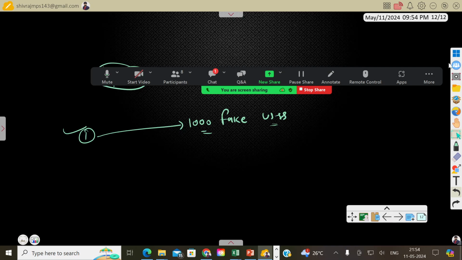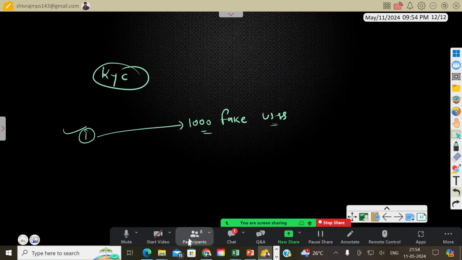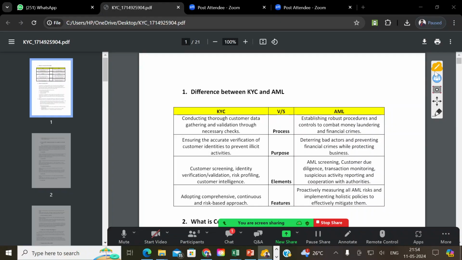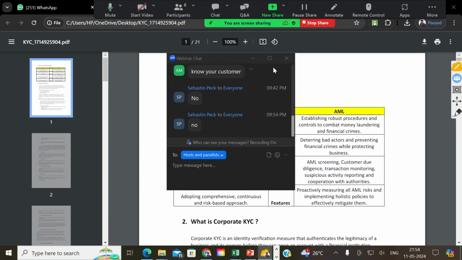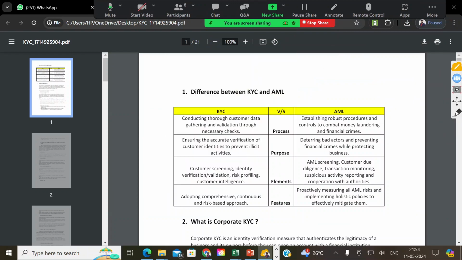Have you gone through this? Yes, no. Okay. So I had shared that document with the coordinator. I don't know whether you guys have gone through it or not.